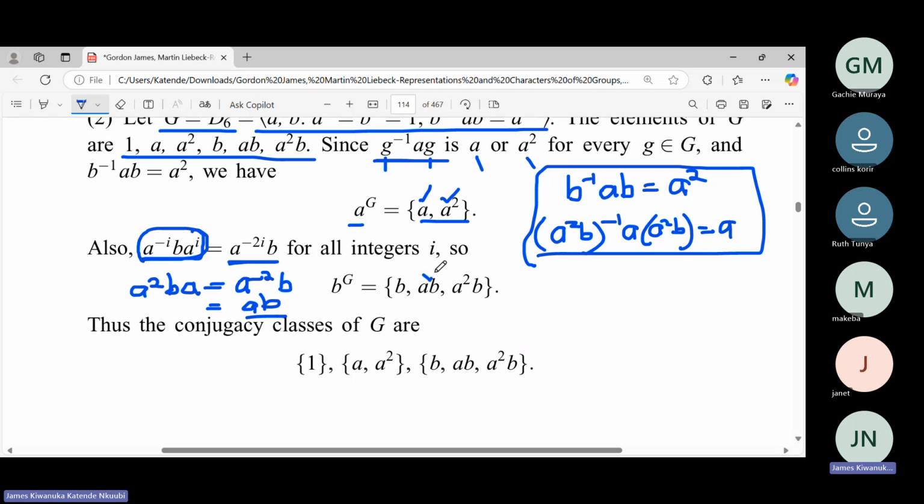Right? So that is one of the elements in the conjugacy class of B. B itself must be there. Then as you run through the others, you should get the other one, what is it? A squared B.